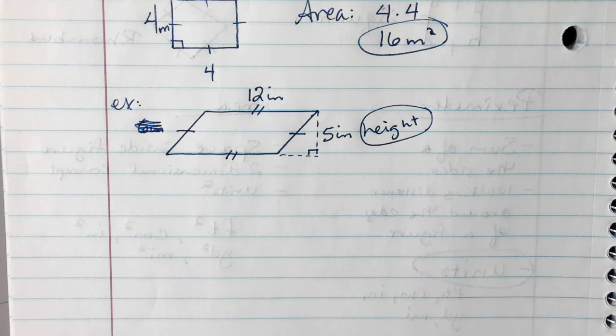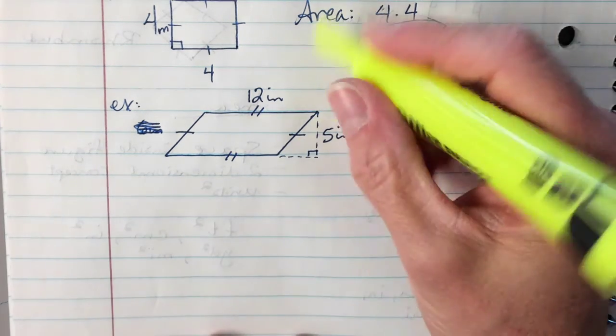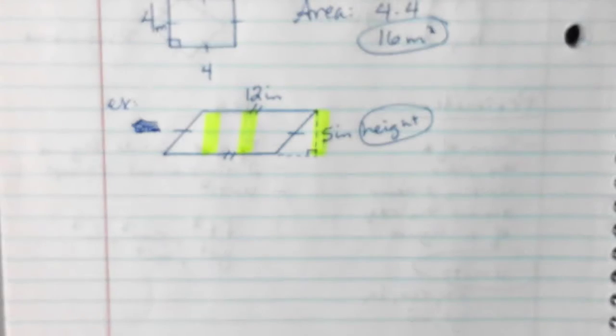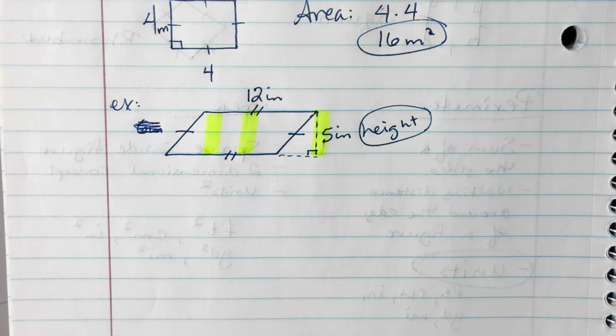Really important that we recognize base and height have to be perpendicular to each other. Now, with this 5 inches, can't we agree that that is really truly the height of our parallelogram? I just drew it on the outside. From the top side that's 12 and the bottom side that's 12, it's a height of 5 inches.